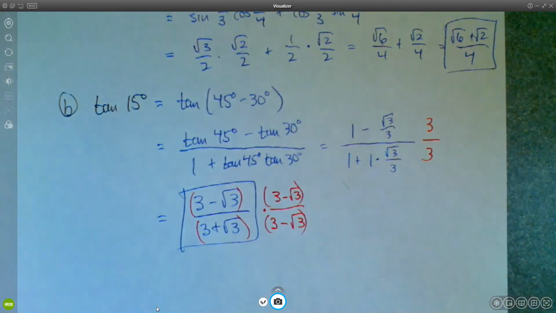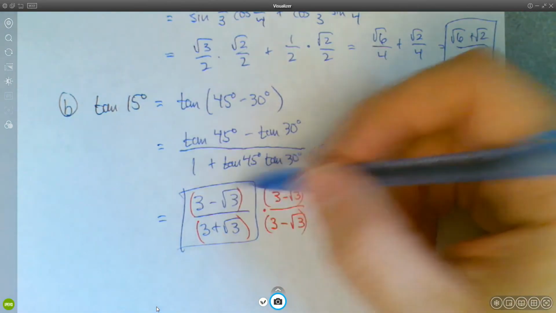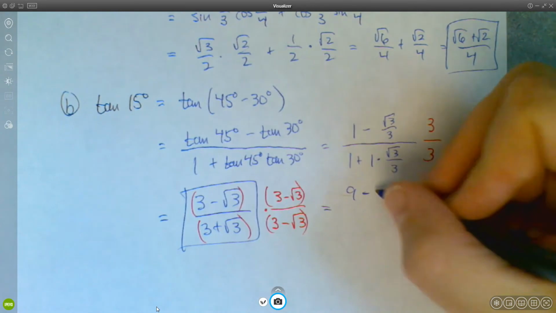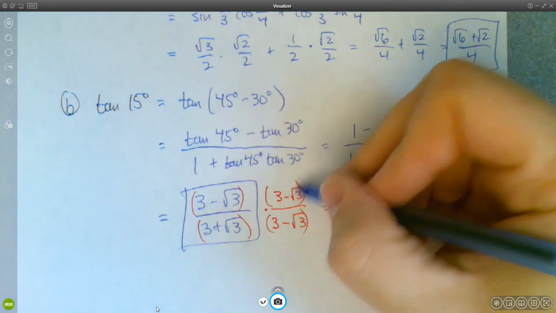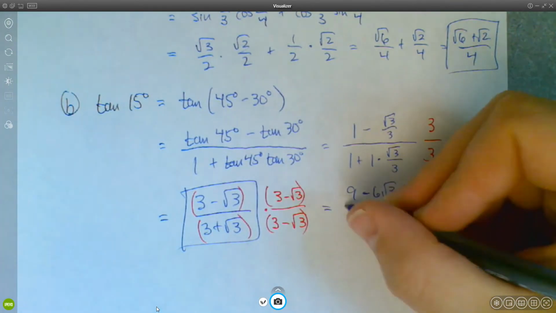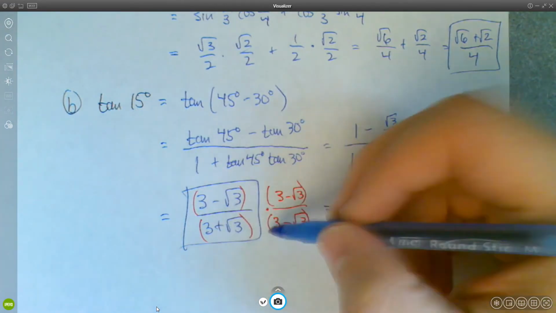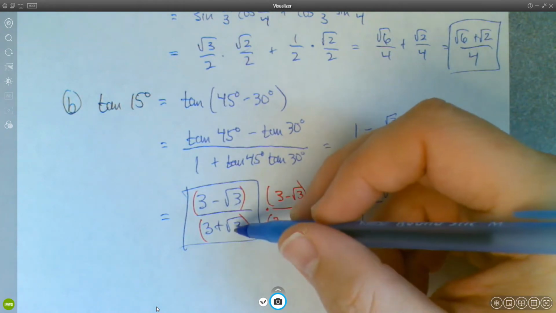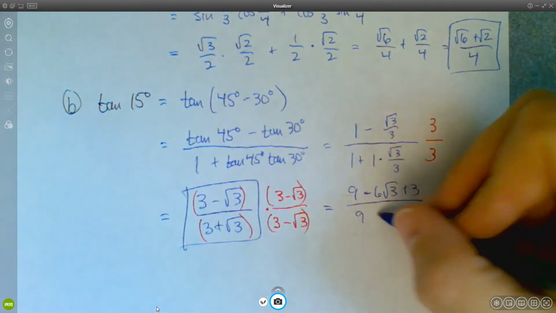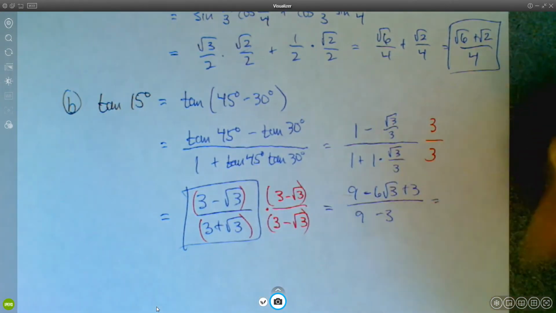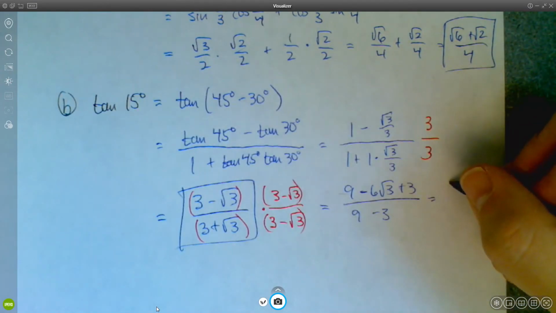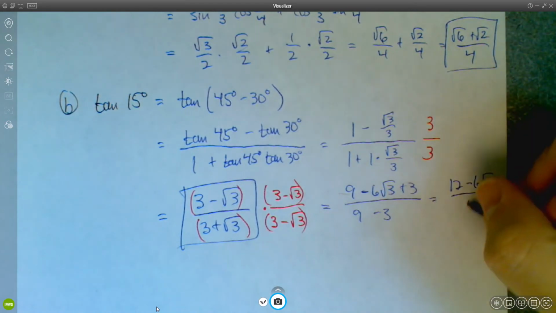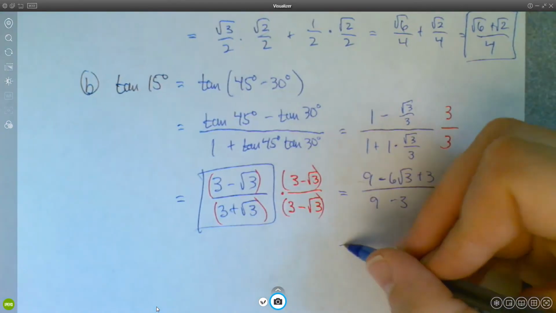And if you do that, then you get 9 minus 3 root 3 minus 3 root 3, so that's going to be minus 6 root 3, and then plus 3 over 9 minus 3 root 3 plus 3 root 3 cancels, and then minus 3. So this is going to be 9 plus 3 is 12 minus 6 root 3 over 9 minus 3 is 6. Ooh, actually that ends up pretty nice, doesn't it?